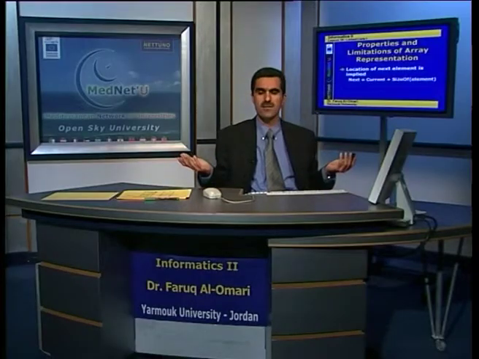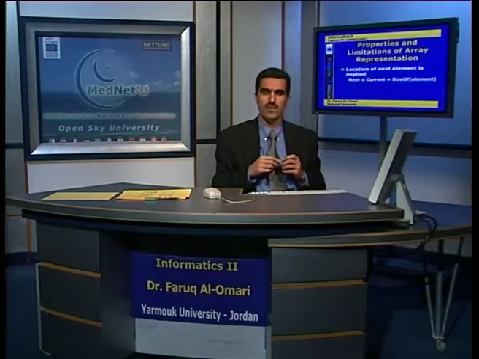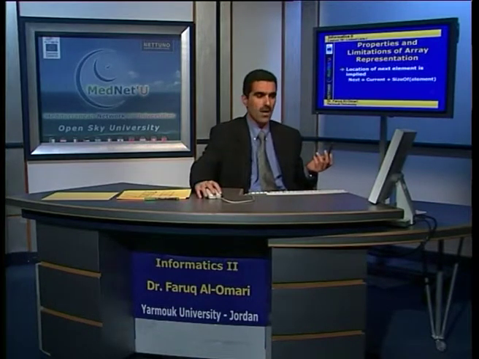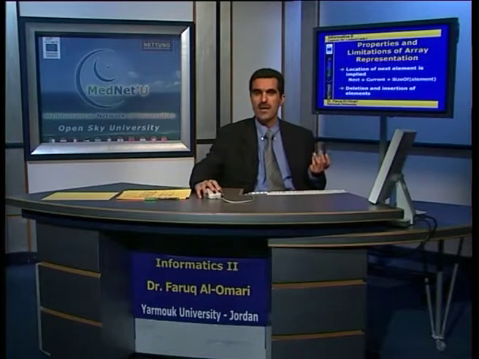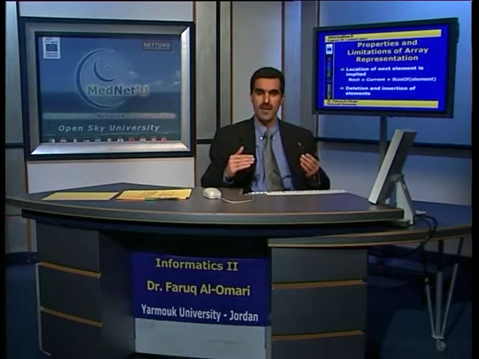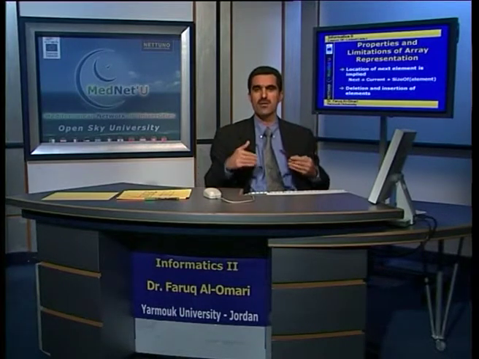And that's a very simple way of looking at the array, and this is the main advantage of the array. However, as I said, the major limitation of the array is that I have to have enough contiguous space in the memory to allocate it.